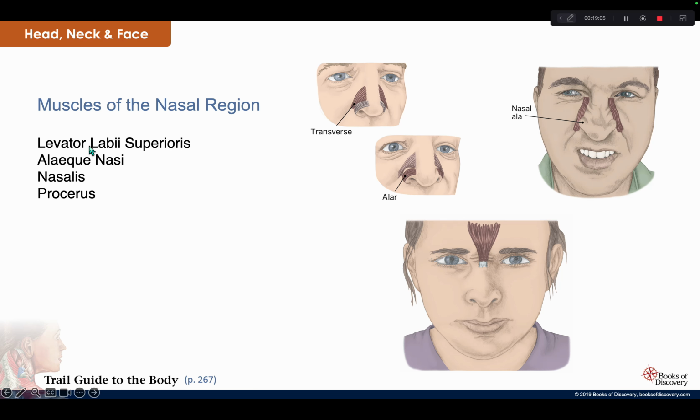Levator labii superioris is going to bring up your nose, scrunch it up. Alae nasi, nasalis, and procerus are the flaring muscles of the nose and the scrunching of the nose up. You probably won't ever see these muscles again, not gonna lie.